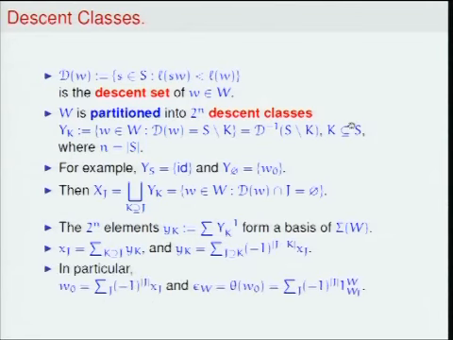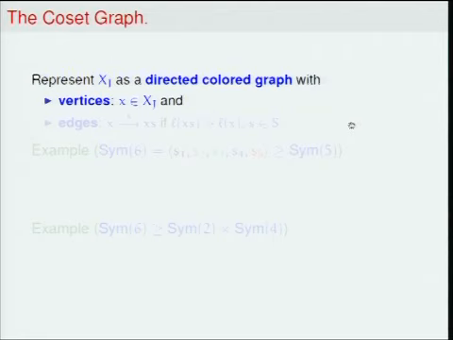In particular, W0, which is the sum inside the group algebra over the set y subscript empty set, can then be expressed as the alternating sum over all the x_J's, and under the homomorphism theta, what is associated to W0 is the sign character of W. In this way it's expressed as a linear combination of permutation characters. But that's just a side remark.